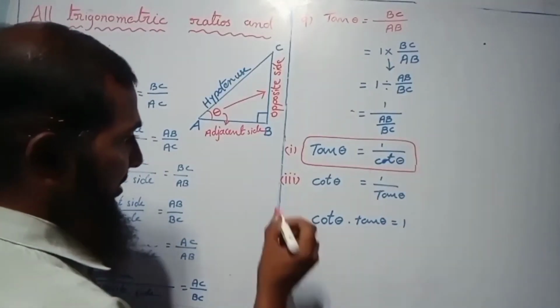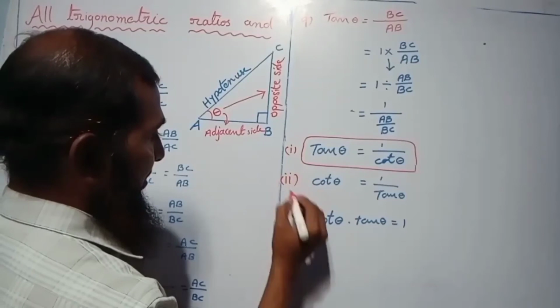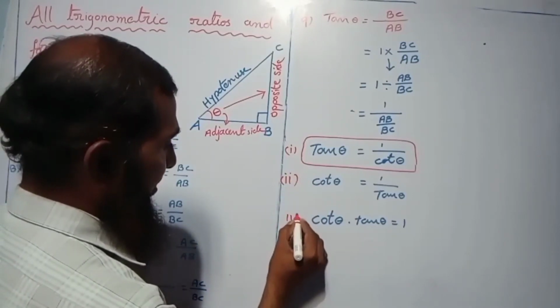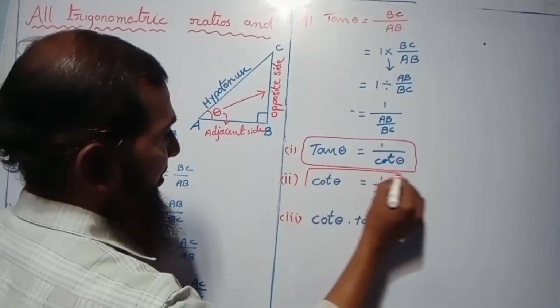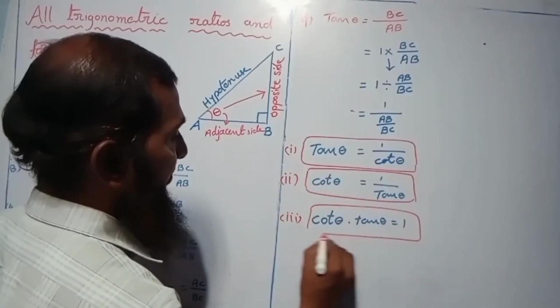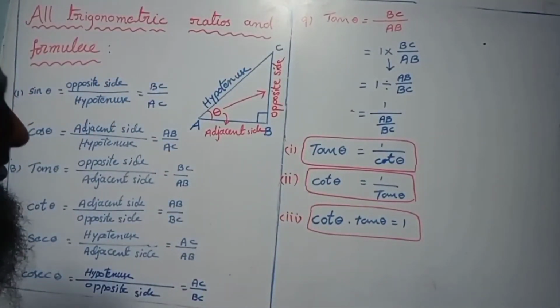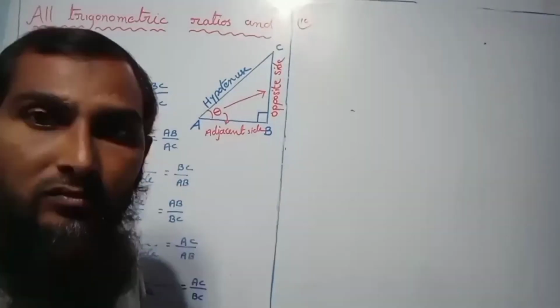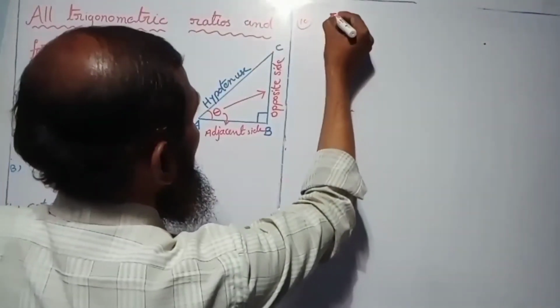This is the third formula. So this is the tan theta.